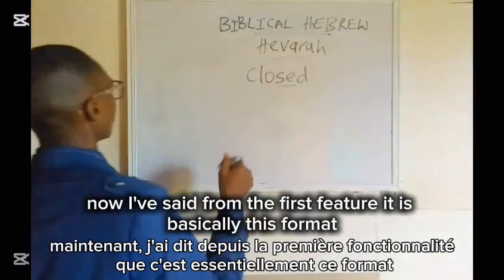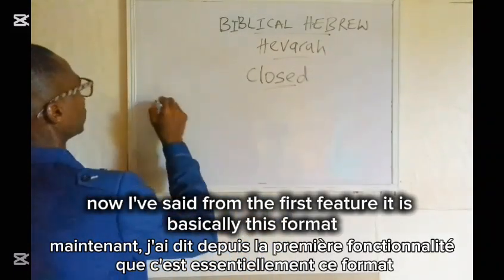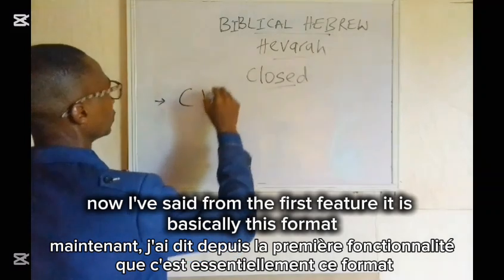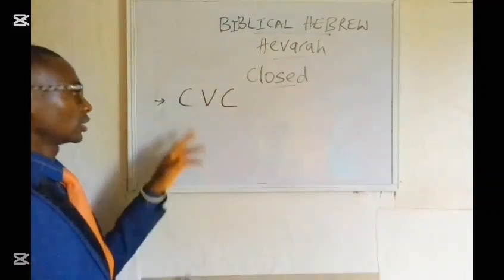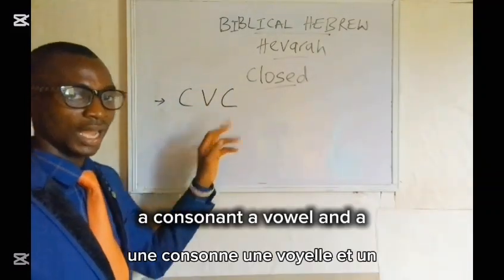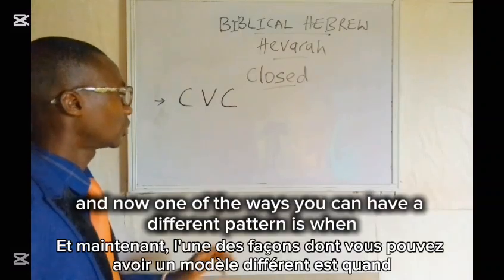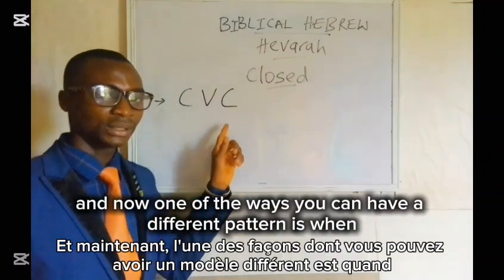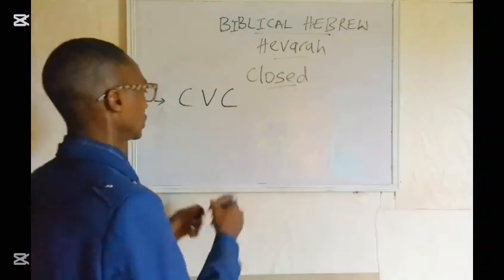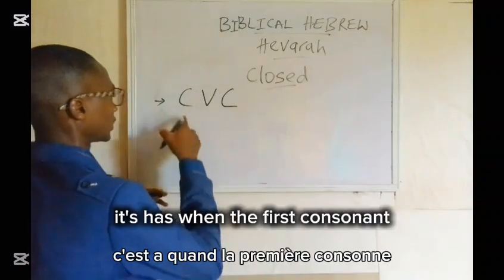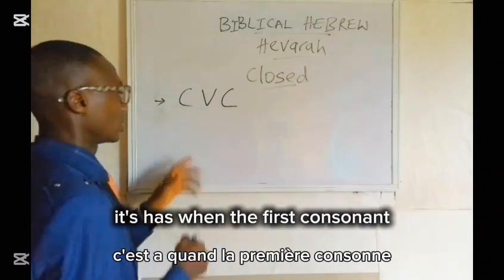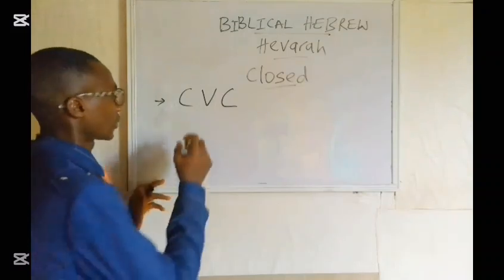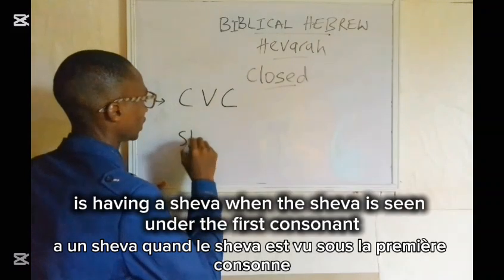Now we have said from the first feature, it is basically this format: a consonant, a vowel, and a consonant. One of the ways you can have a different pattern is when the first consonant has a sheva.